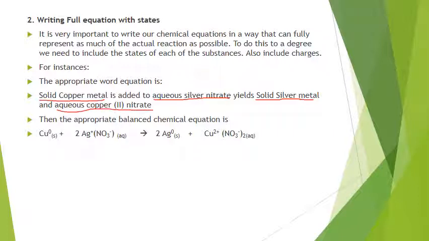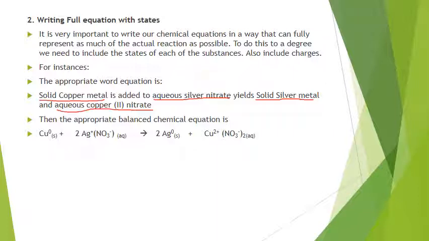How do you know it's 2 versus 1? If you're not told, you pick the highest oxidation state. If it's copper 1 or copper 2, pick copper 2. Iron could be iron 2 or iron 3; usually pick iron 3 unless you're told otherwise.